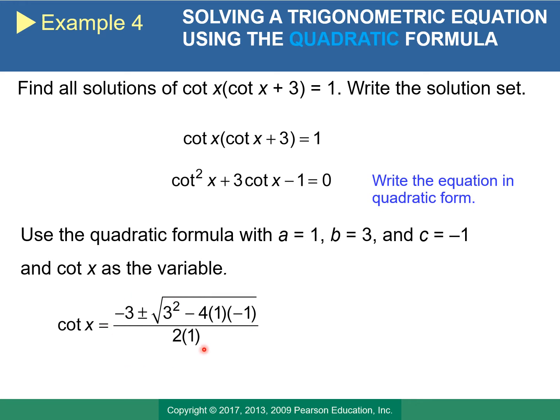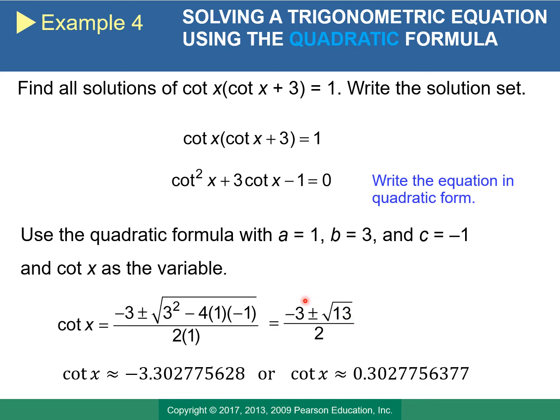And then you can simplify, and after you simplify a little bit, this is negative 3 plus and minus root 13 over 2. Okay? So that's approximately, if you separate these answers with the plus and minus, negative 3.3 and then 0.3. But notice that's still cotangent x, it's not x. So we still have to find just x based on this being cotangent x.